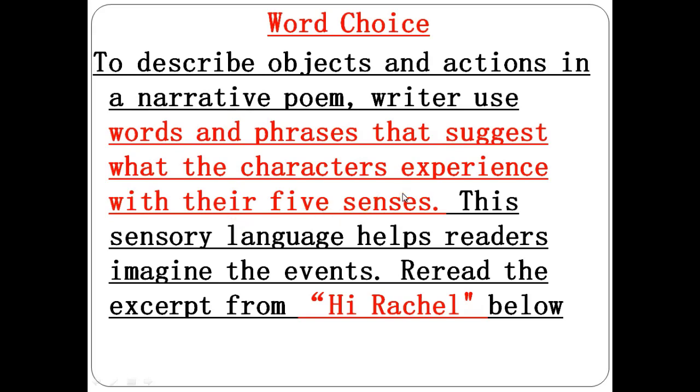So the poet uses words which are closely related to the five senses: hearing, touching, looking, and smelling. They would use kinds of words which appeal to these five senses to create images in your mind.